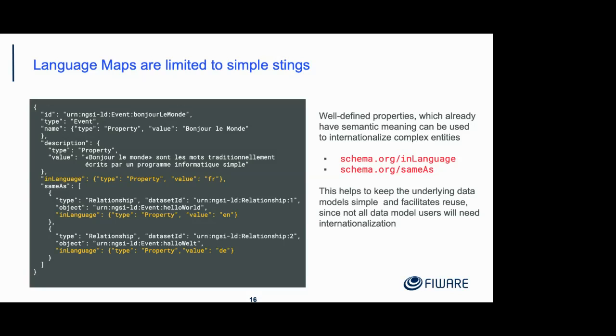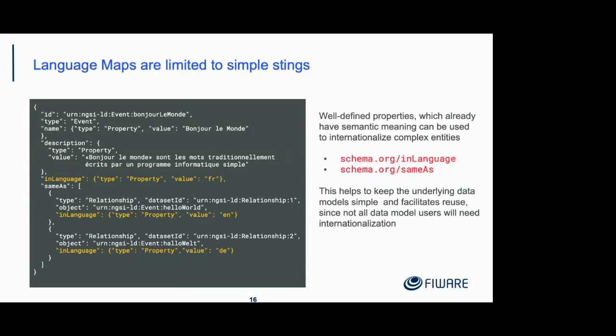No, don't do that. What you should do, according to proper modeling, is one of multiple things. You can either say, I have an entity, my event is called Bonjour le Monde, and one of the attributes of my entity is that this is in the French language. So I have an inLanguage, which is schema.org's inLanguage.